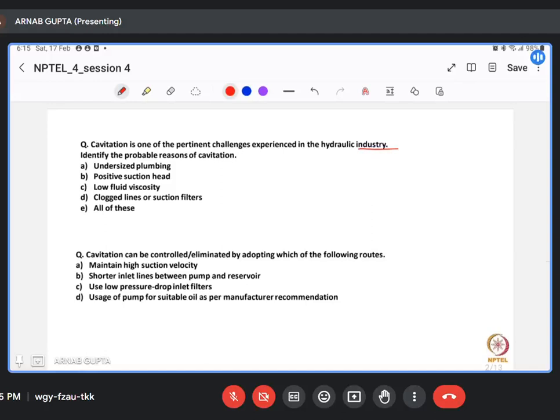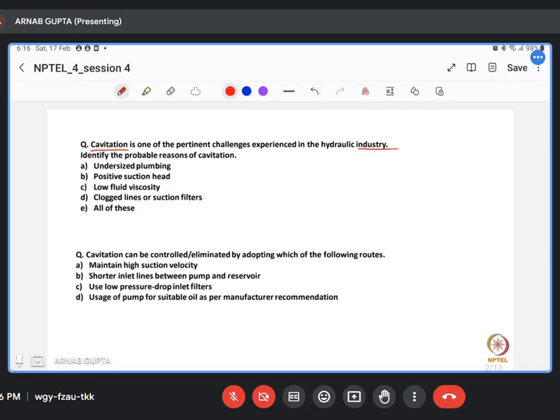So you should consider the challenges that you may be facing while designing and operating such systems, so that such things are taken into the design considerations, and accordingly you take the precautionary measures. Cavitation is one of the most, you can't ignore it completely, but it is very much detrimental to the hydraulic components.